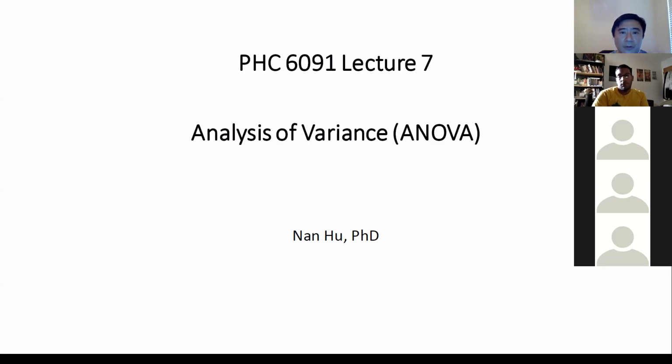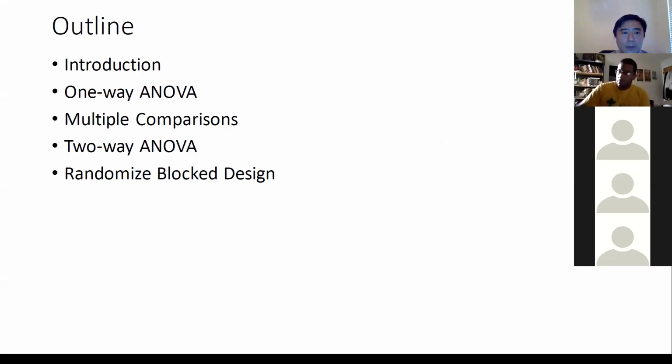All right, the first part of lecture number 7 is the one-way ANOVA. Lecture 7 is put into two big sections: part 1 is a one-way ANOVA, part 2 is a two-way ANOVA. The difference between the two is that in one-way ANOVA you only have one factor, and you want to test the factor on the mean of a continuous variable.